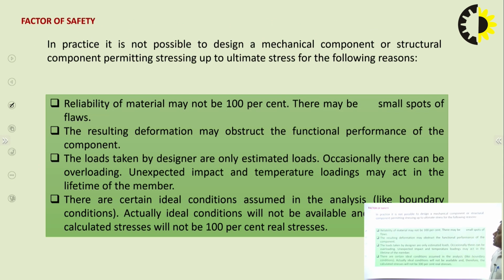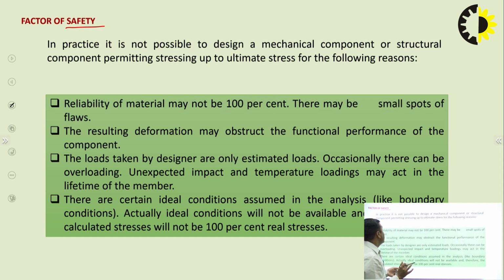Okay, another important point is the factor of safety. For any structure which is designed, the very first aspect is safety. That structure must be safe, it should not fail in any condition. In practice it is not possible to design a mechanical or structural component permitting stress up to the ultimate stress, because there are many parameters which we can't consider, and for which we can't take assumptions.